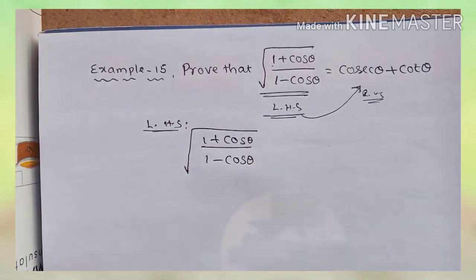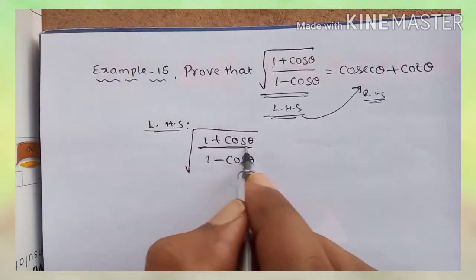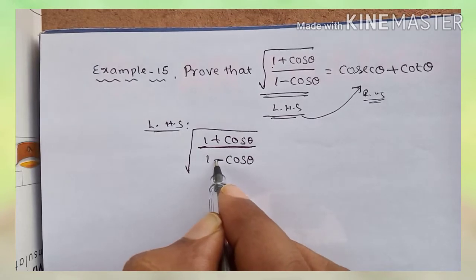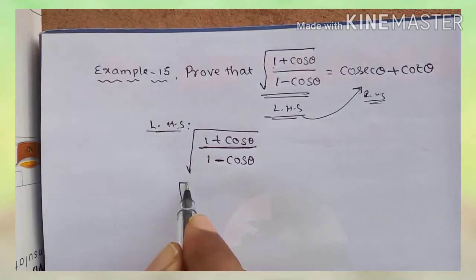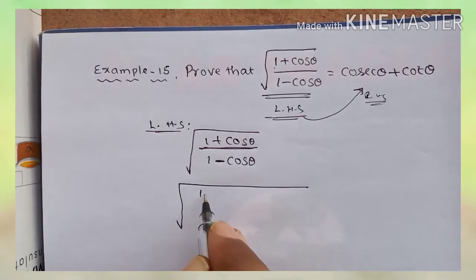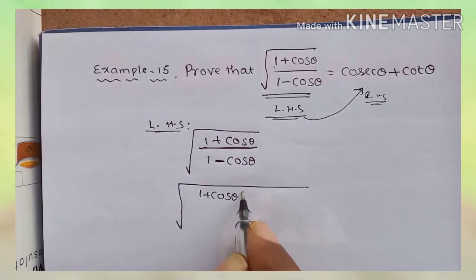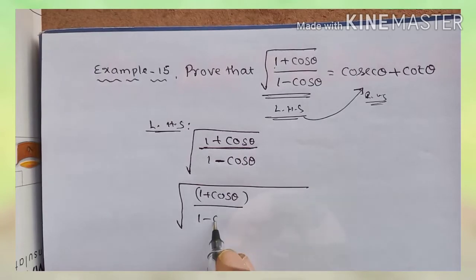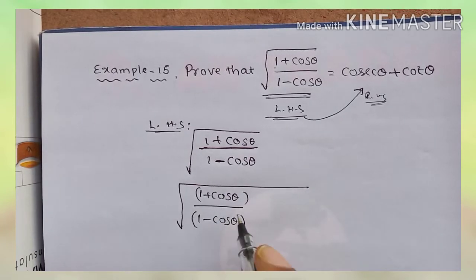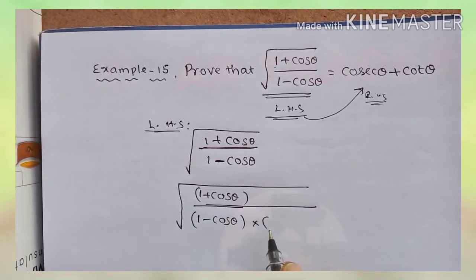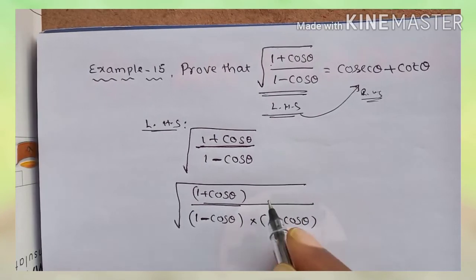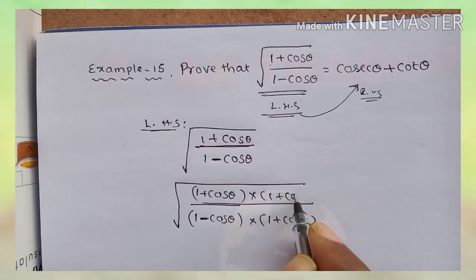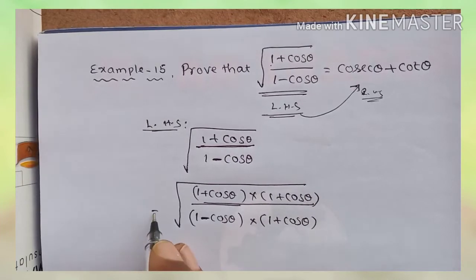We learned rationalization in 9th class: when the denominator has a negative, change it to positive and multiply with the numerator and denominator. For that I am multiplying here by 1 plus cos theta, and here also 1 plus cos theta.